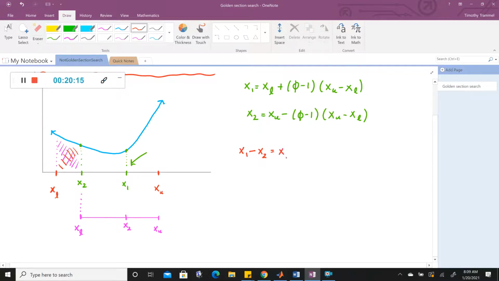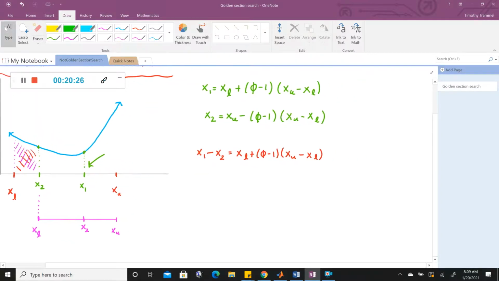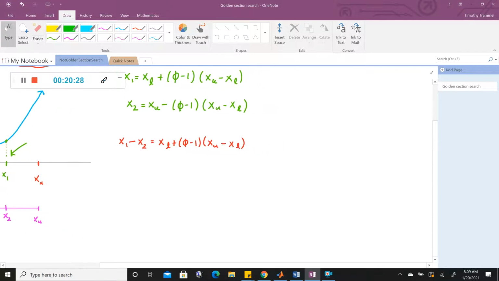So we'll have x lower plus phi minus 1 times x upper minus x lower, and then minus x2. So that'll be minus x upper, and then plus phi minus 1 times x upper minus x lower.